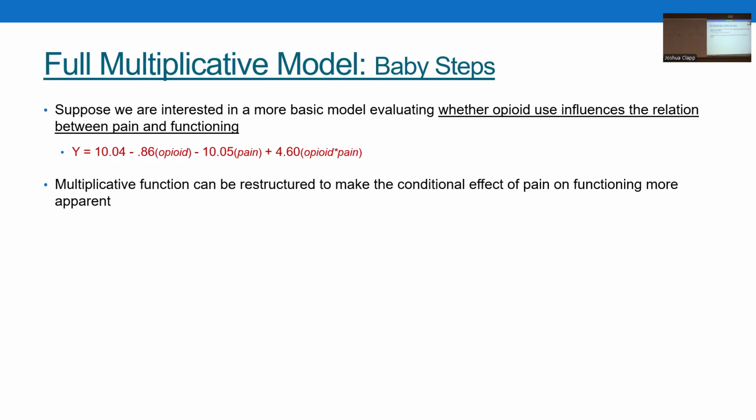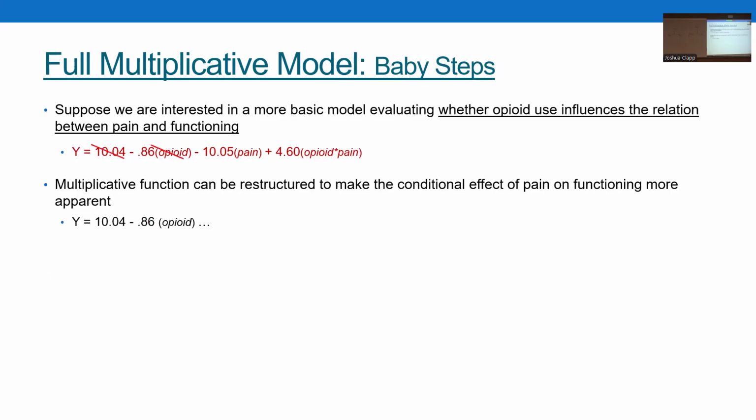And we did in fact find an interaction, so this coefficient here is viable for interpretation. We have a significant interaction effect in these data. What we want to do now is reconstruct this equation so we can see how this conditional effect works.